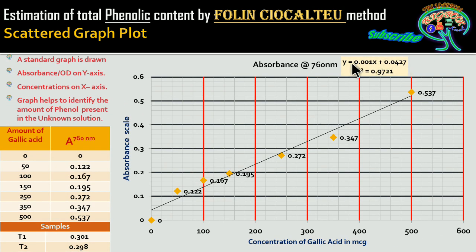The 0.001 is the slope constant which has been developed, which is going to have much more explanation.